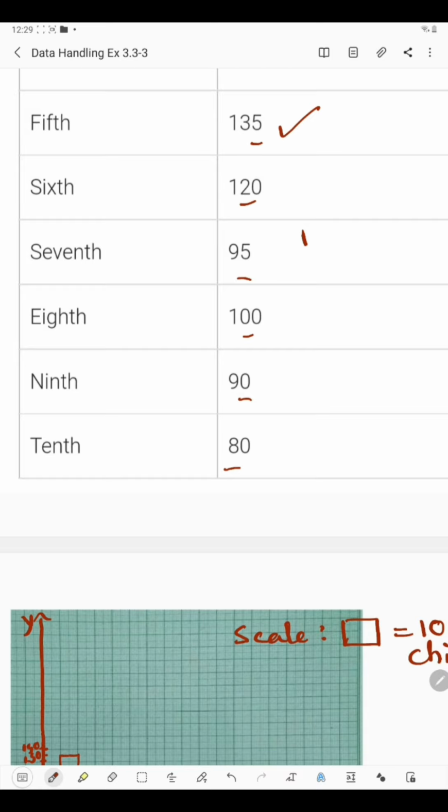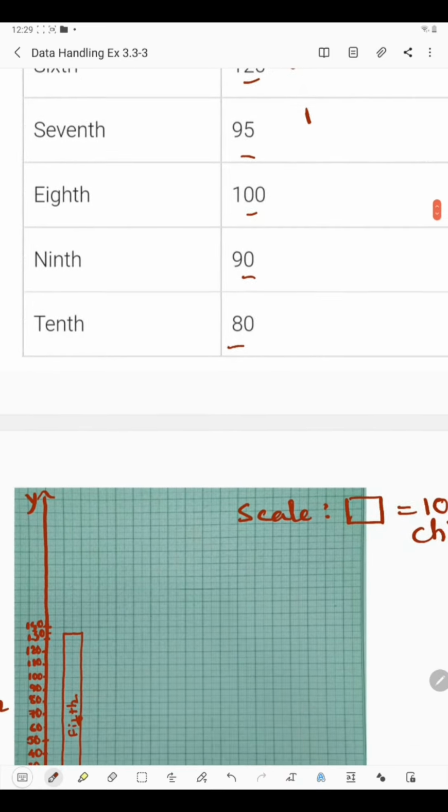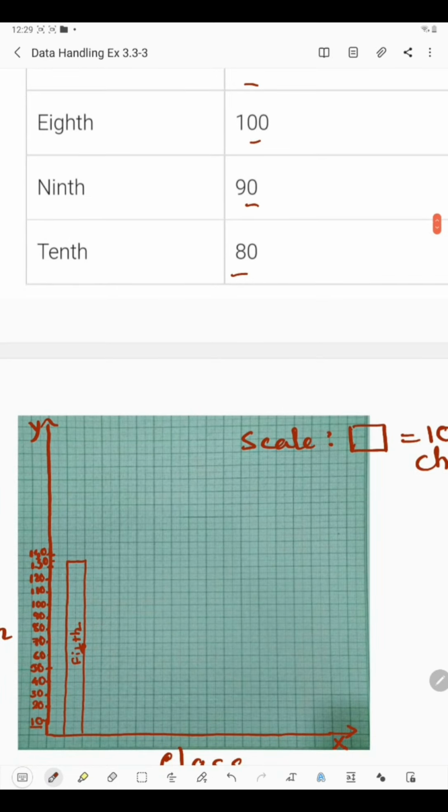In the 6th class we have 120 children. So where is 120? Here is 120, right? So we will leave 1 box and draw the bar here. This bar represents the number of children in the 6th class, which is 120.